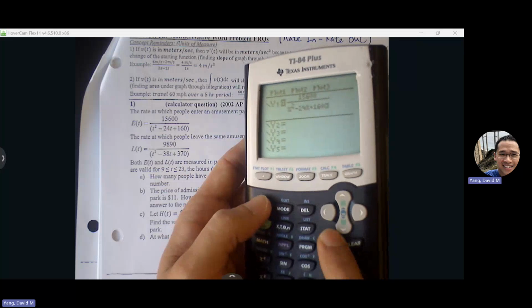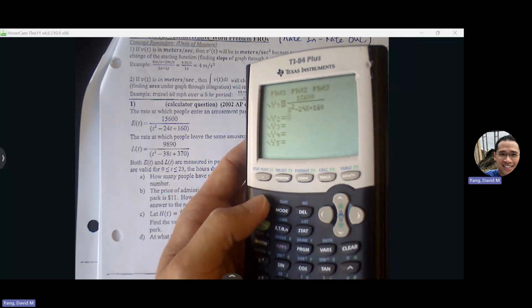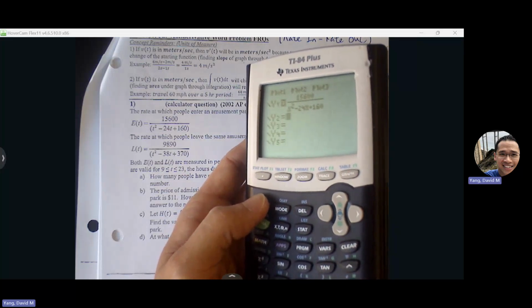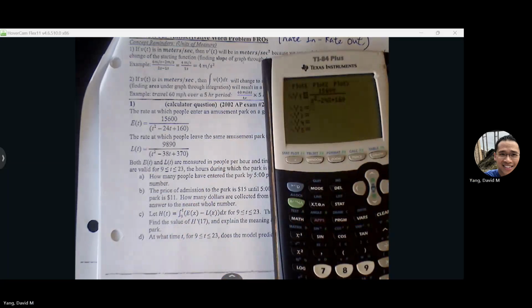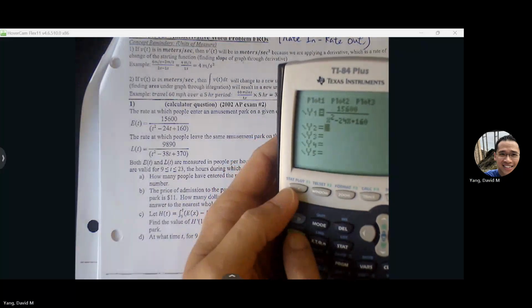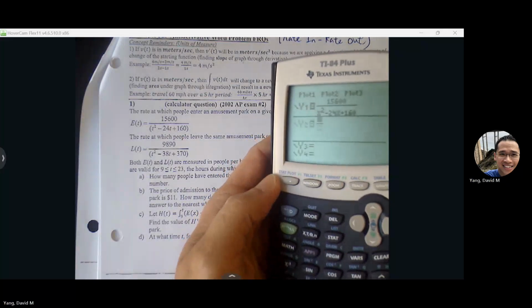Then go to Y2 and go ahead and enter in our L of t. We're going to need that a little bit later. So L of t, another fraction here.